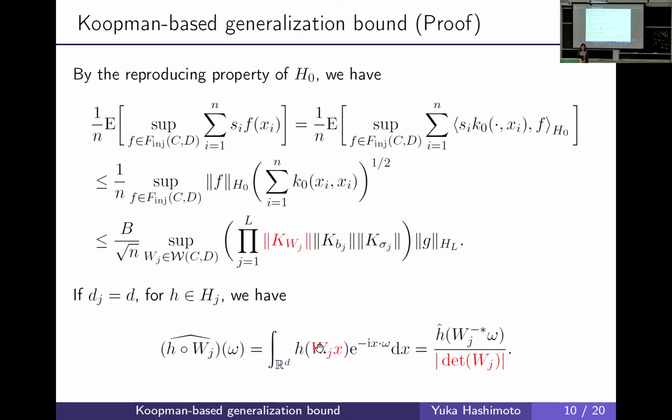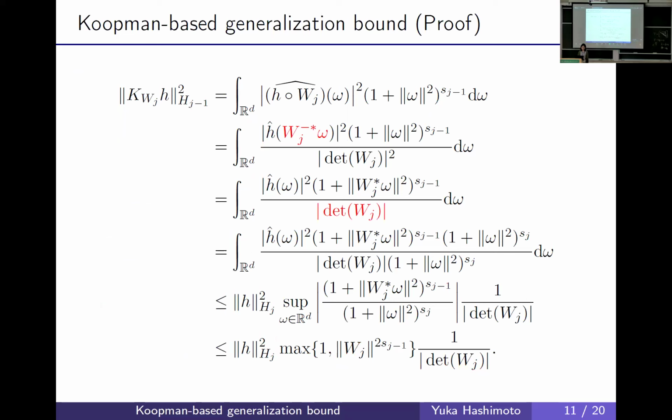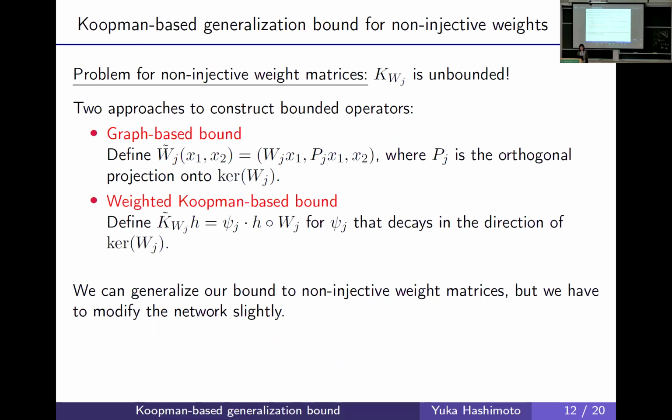And we have Wj here. So we can apply the change of variables formula, and then we can get the determinant term here. So this is the proof that I will skip.